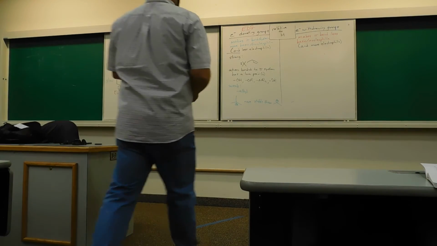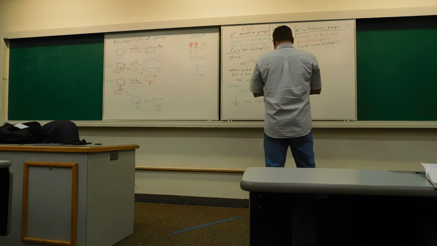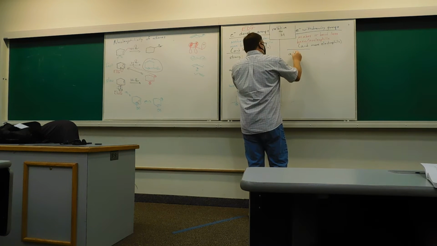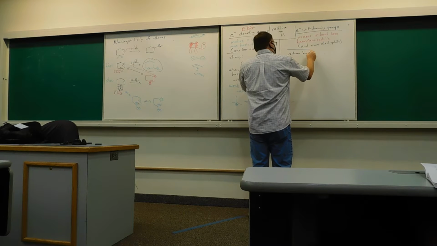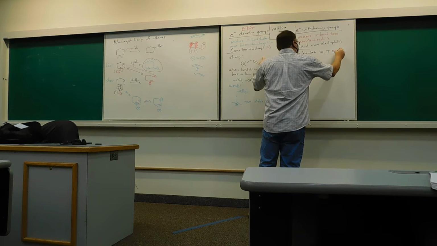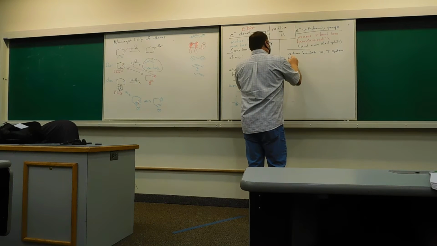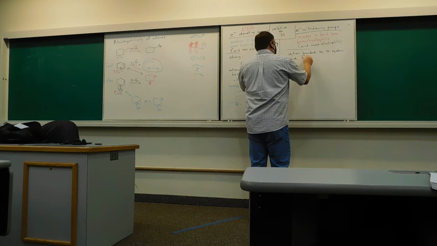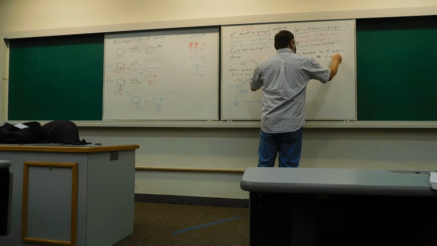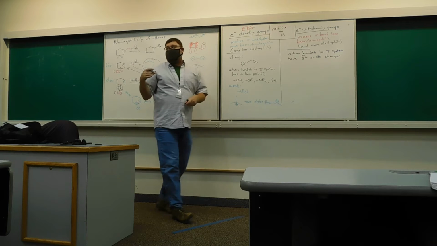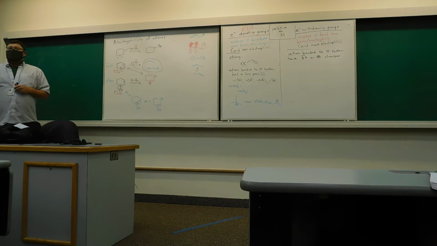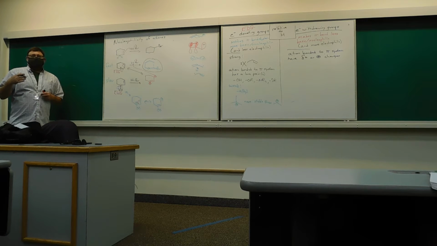Electron withdrawing groups, on the other hand, recognizing these. The atom that is directly bonded to the pi system is either going to have a really strong partial positive or a full positive formal charge.